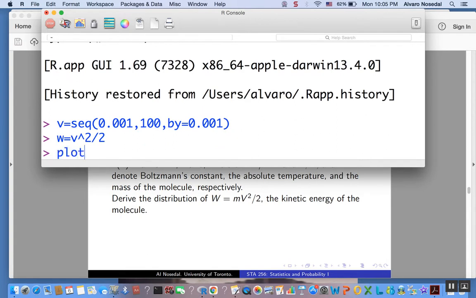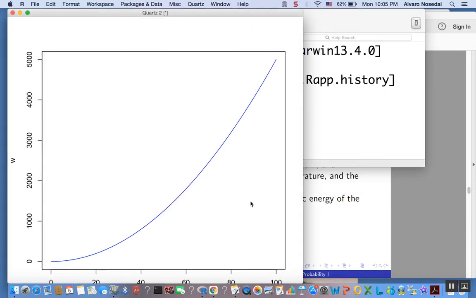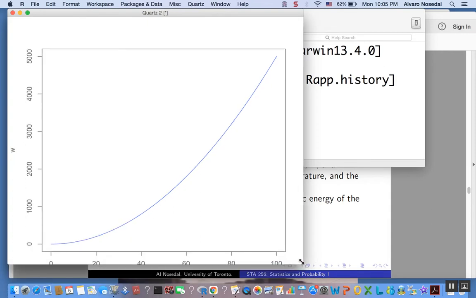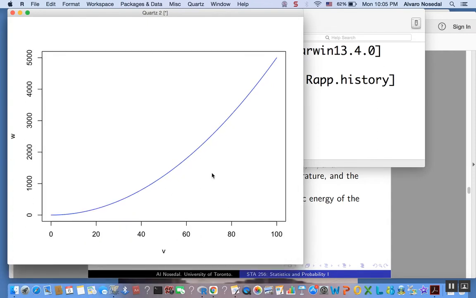And let me plot that function. I'm going to have the values that go on the horizontal, then the ones that go on the vertical. Then type, I want a line, so I'm going to be using an L. I want it to be dashed. I want that to be blue. See if that works. Okay, and it makes sense, right?